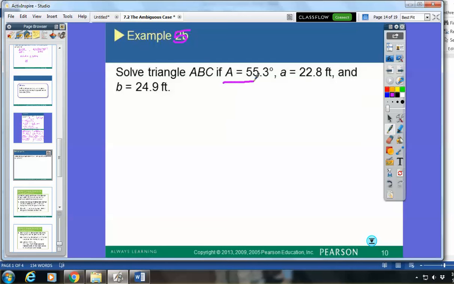So I gave you angle A and side A and side B. So what angle am I looking for first?